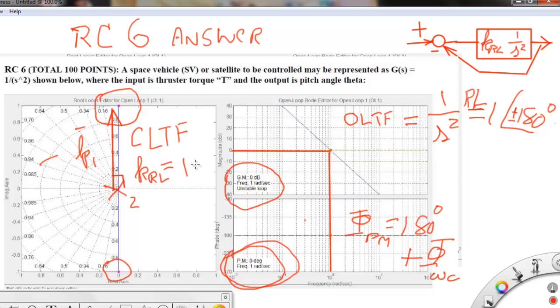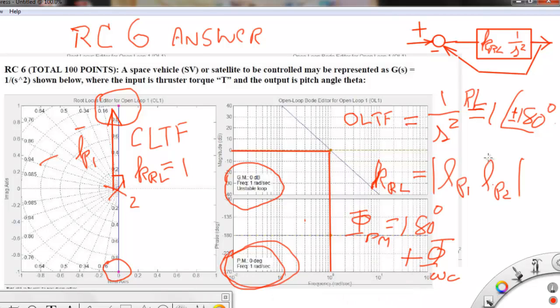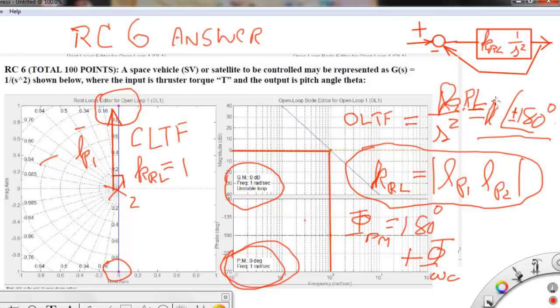And so I see that the root locus goes up the j omega axis as the root locus gain is varied. And the root locus gain equals the product of LP1 and LP2. In other words, we know from the magnitude condition that if the root locus gain, K RL up here, was being varied, then it would have to be the product of LP1 and LP2 to give us a magnitude condition of 1.